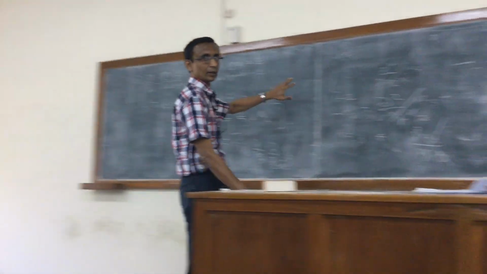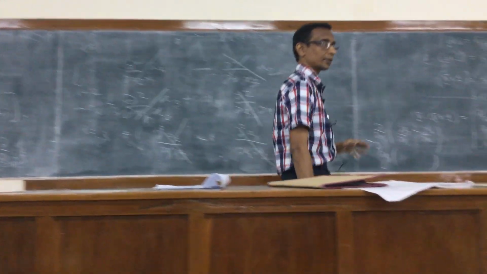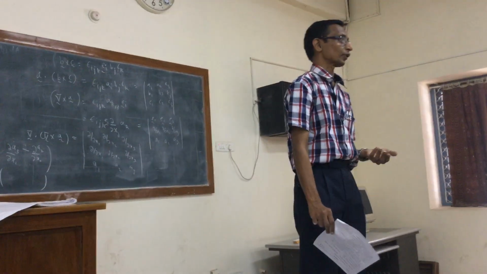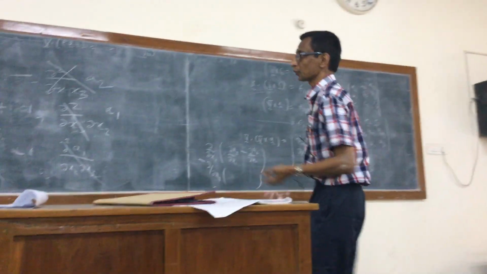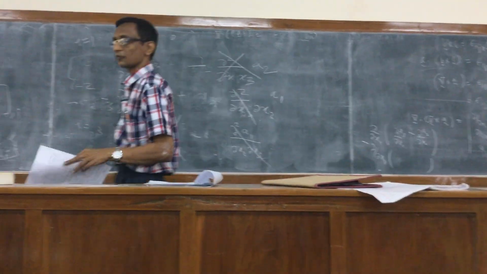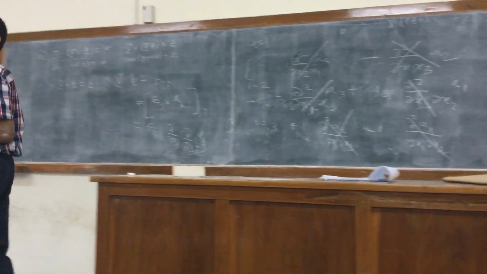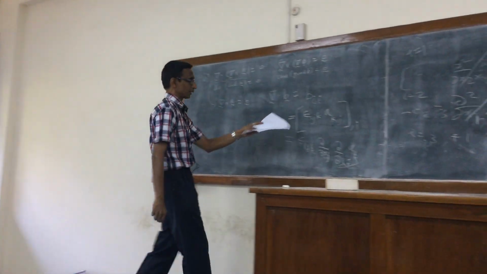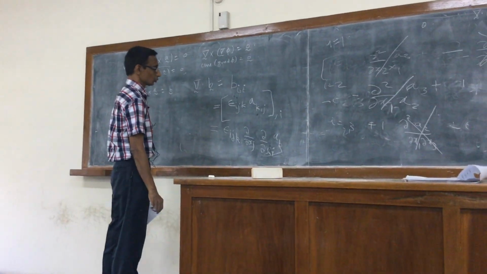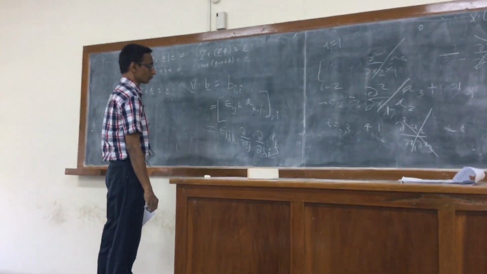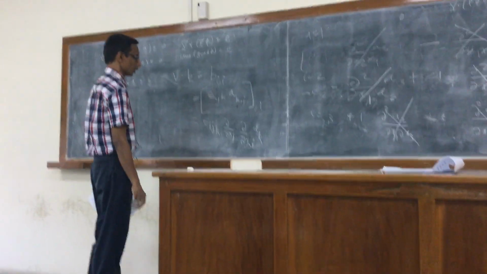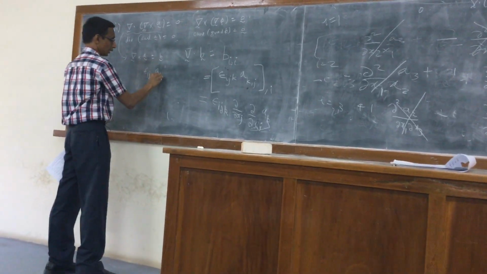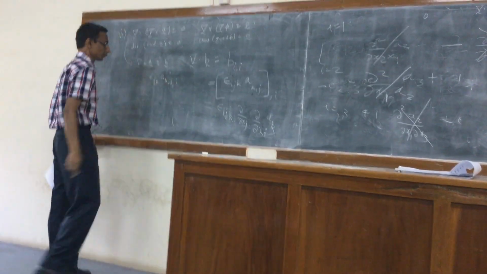You again get 6 terms with a 3 by 3 determinant, and finally they add up to 0 because of the equality of the mixed partial derivatives. If you want to just work on it here itself, that also is possible. Epsilon ijk, I have A_k comma j comma i.